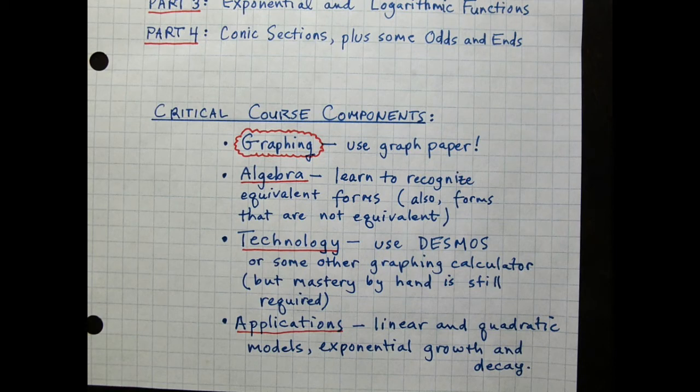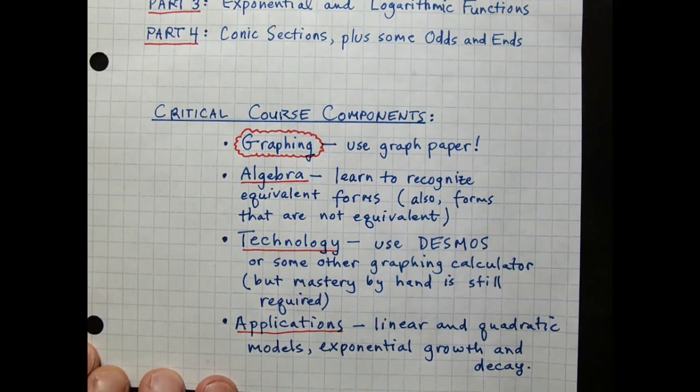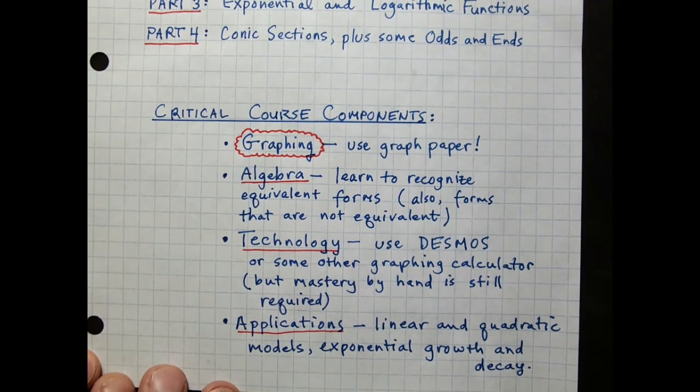So we are going to refer to Desmos in this course, or for you, you can use whatever graphing calculator you're most comfortable with. And finally, applications. We will cover a certain amount of applications in this course, and we're going to focus on linear and quadratic models, and also exponential growth and decay.